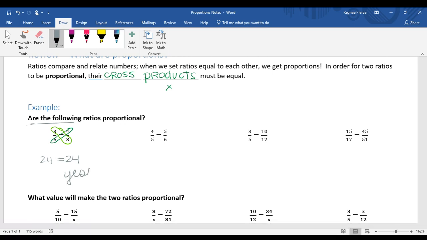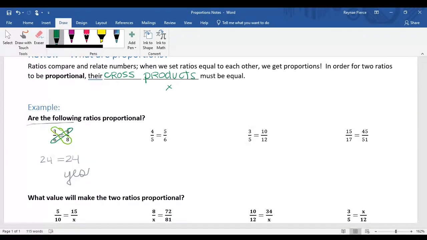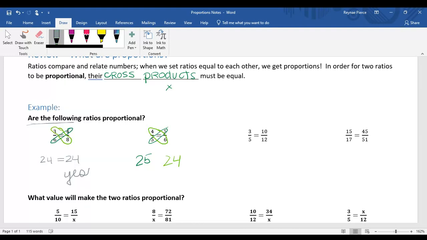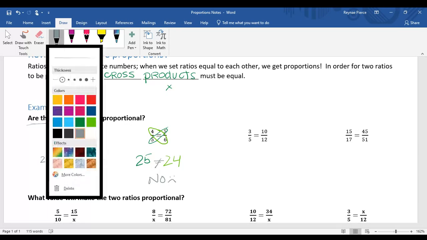Okay. That second one there, we are going to multiply 5 times 5. 5 times 5 is 25. We are going to multiply 4 times 6 to get 24 again. Okay, but since these are not equal, these ratios are not proportional.